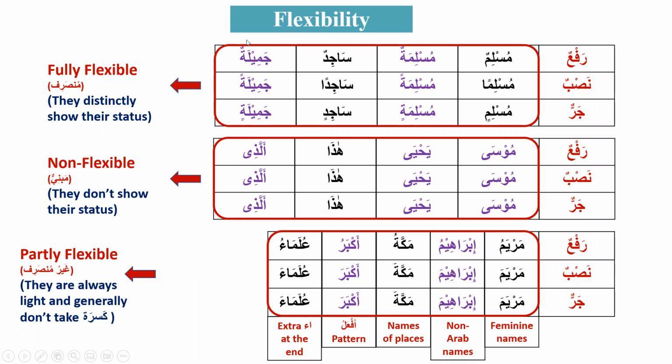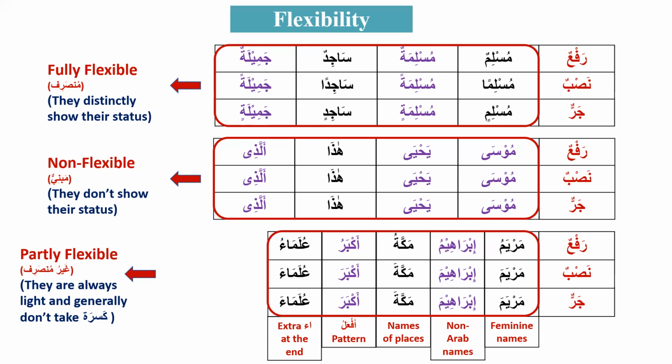You see, Jamilatun is also used as a female name, but it is fully flexible and it has tanween on it. Now, Jamilatun we can also use to describe the beauty of something. For example, the sky is very beautiful: Sama'un jamilatun, a beautiful sky.